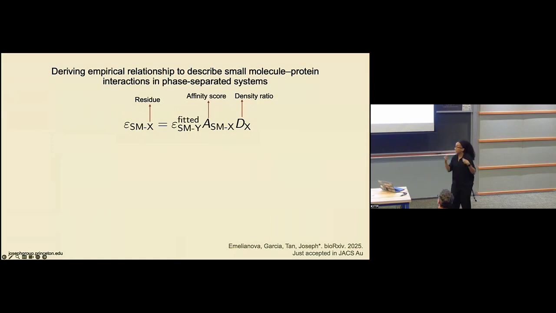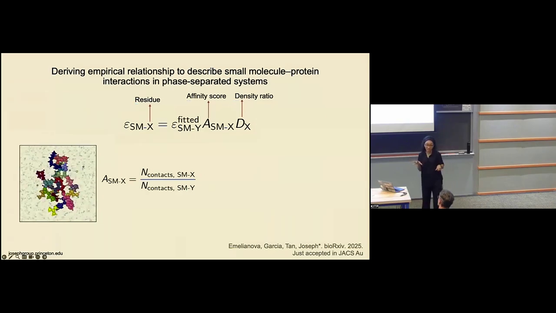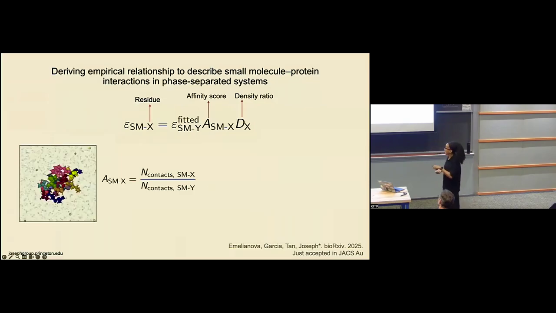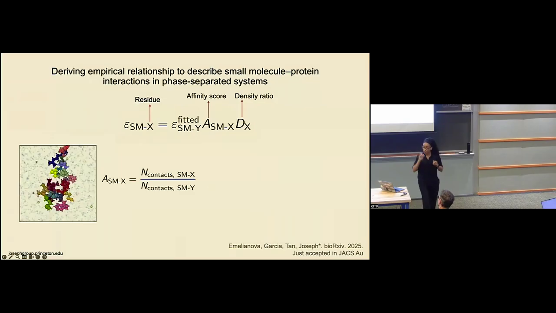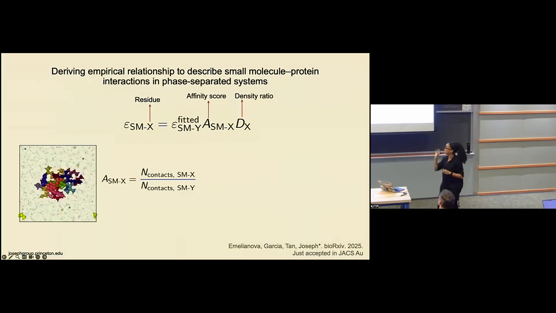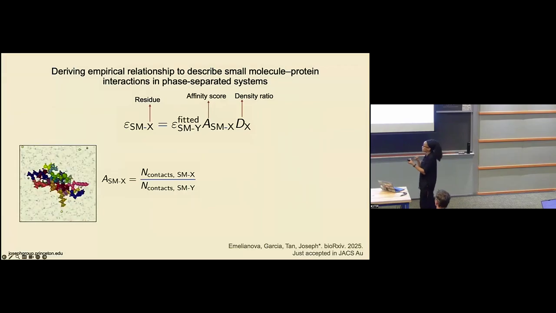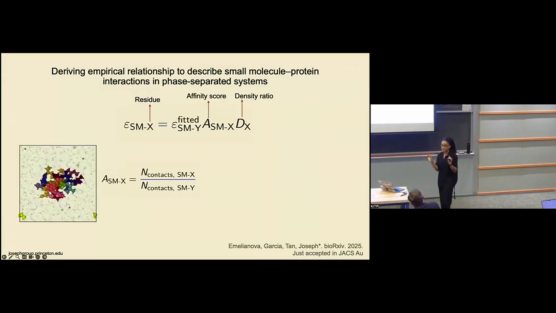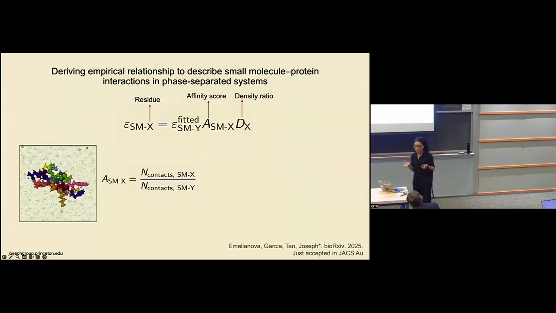In this effective interaction, we're taking into account the affinity that small molecules have for proteins. Here we use this ensemble approach where we simulate proteins with small molecules, and that gives us approximate interactions between the small molecules and different protein residues. This is essentially our way of capturing a chemical fingerprint for the small molecule.